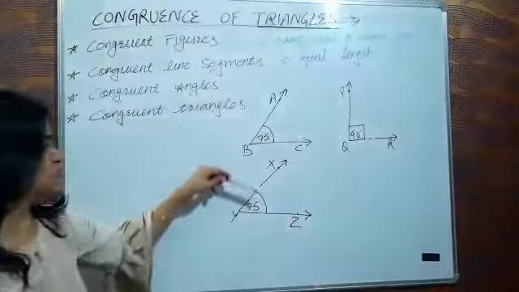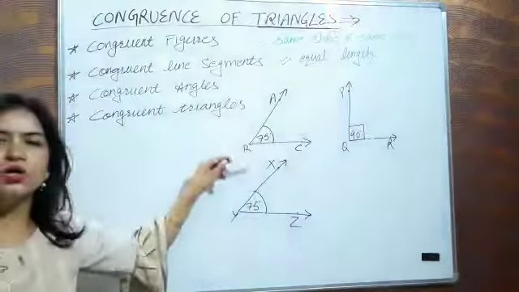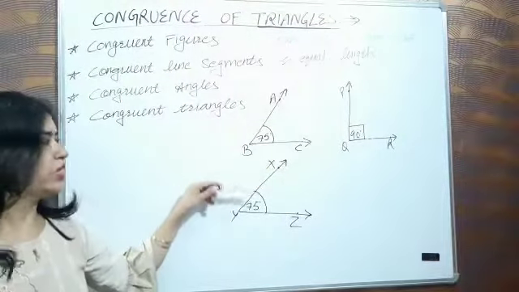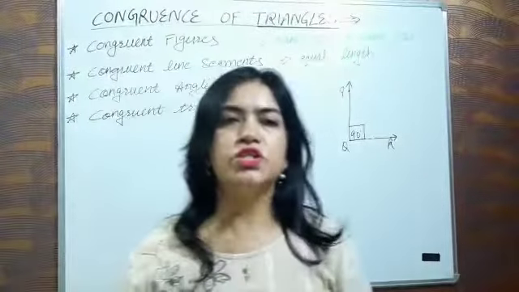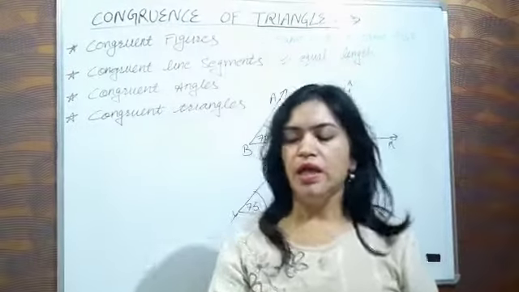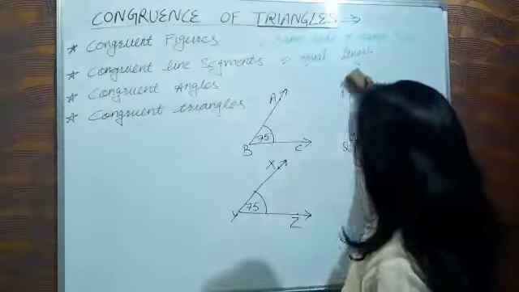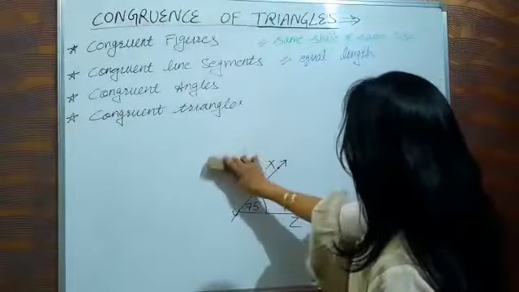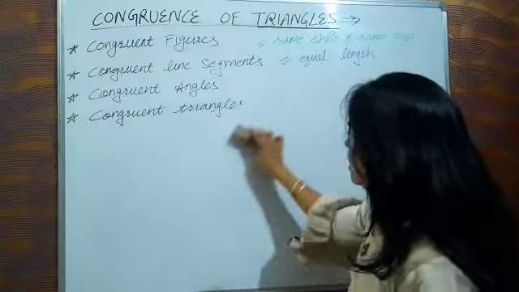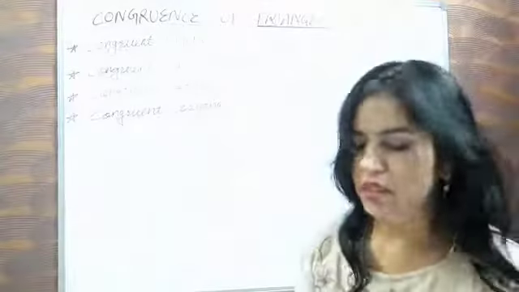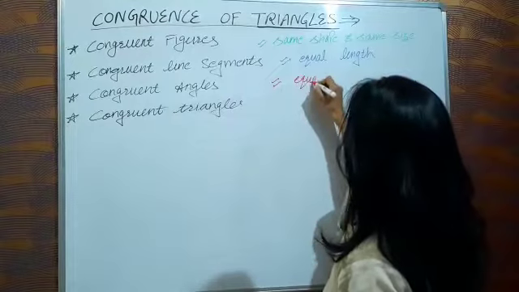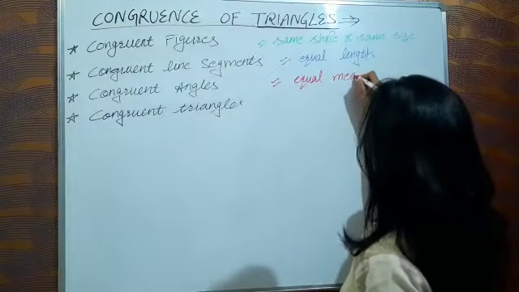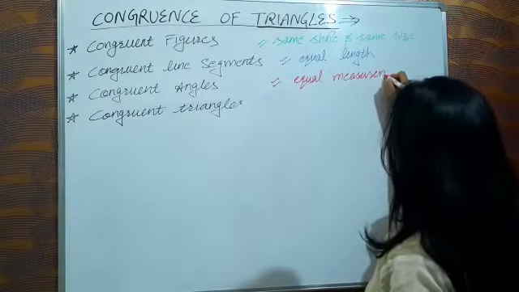So these two angles are congruent angles. So what can we say about congruent angles? The angles which are equal in measurement are called congruent angles. So we can write here: the angles equal in measurement are called congruent angles.